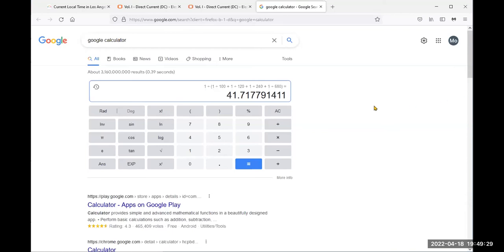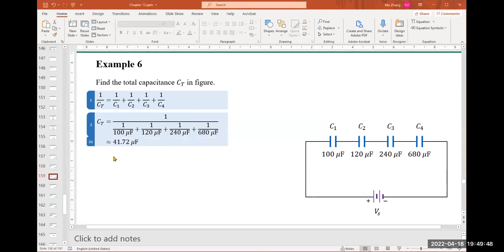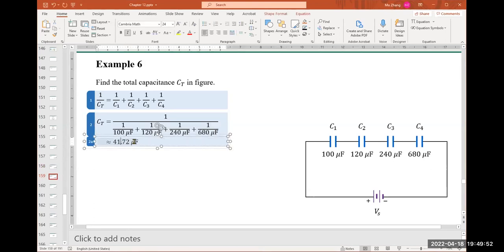So 41.72. 41.72. So if we go back to here and compare this, it shows the 41.72. Right? That's the expression. This is the answer.